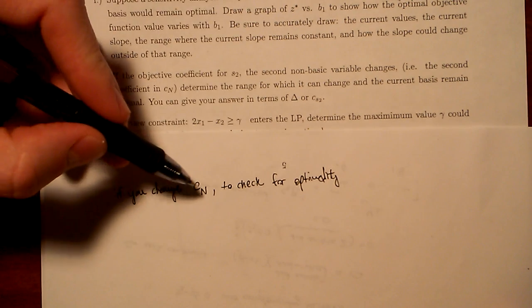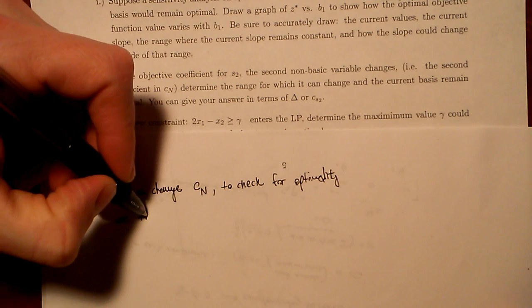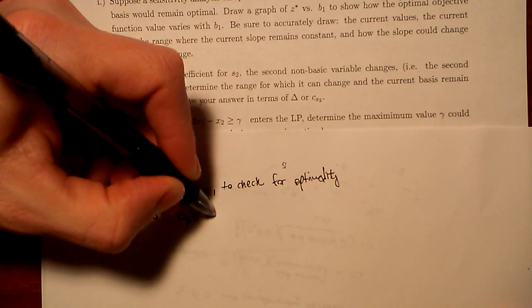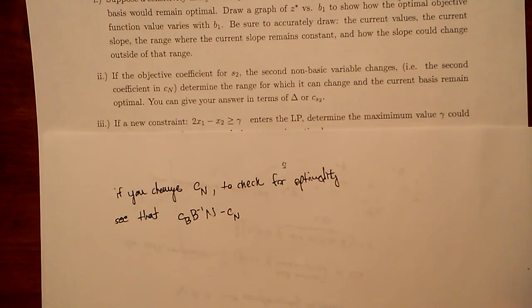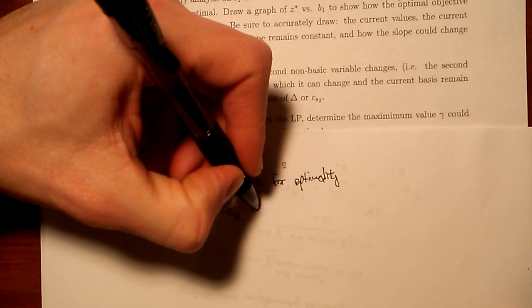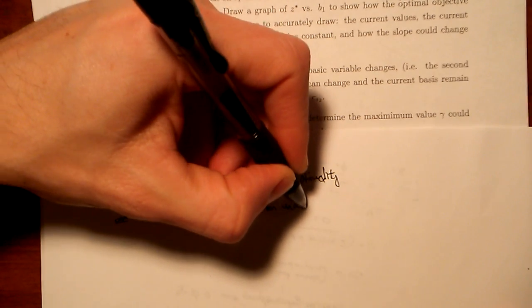So to check for optimality, we look at C sub B B inverse N minus C sub N, which are our reduced costs for the non-basic variables. I'll just say they remain unattractive.